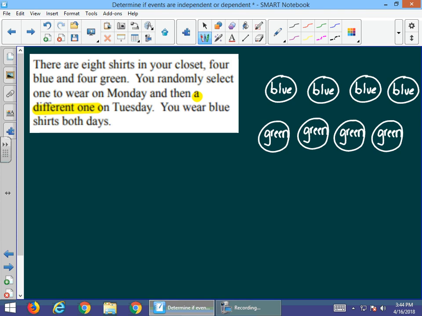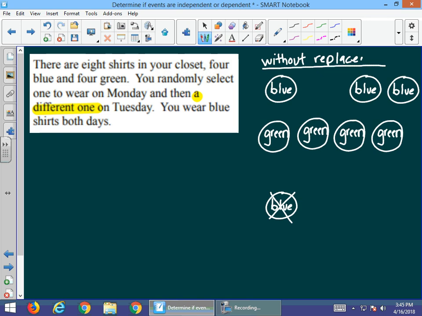So let's say I pull this blue one out, and I wear it, and I have to choose something different on the next day, then this is without replacement. Means I am not putting that blue shirt that I wore back into the pool. So since it is without replacement, these events are dependent. Without replacement is dependent events.